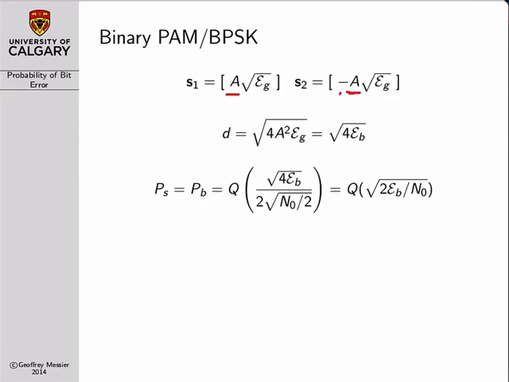The distance between these 2 signal vectors is equal to the square root of 4a squared EG, or the square root of 4 times the energy per bit, because the energy per bit is equal to, in this case, the energy per symbol, which is a squared EG.